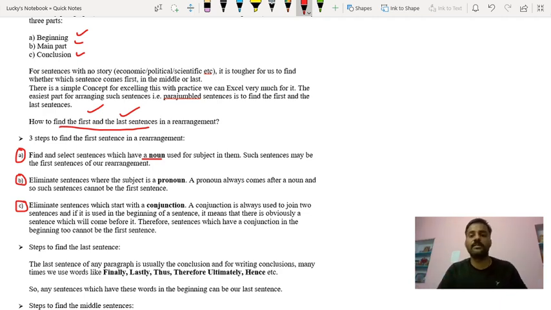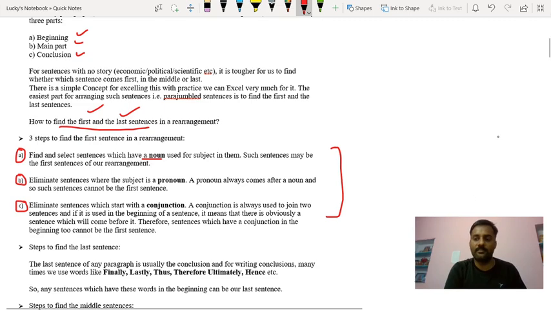'But' also cannot be the start of a sentence. So sentences which have conjunctions in the beginning cannot be the first sentences. Using these three ways, we can easily find which of the six sentences is the first one.